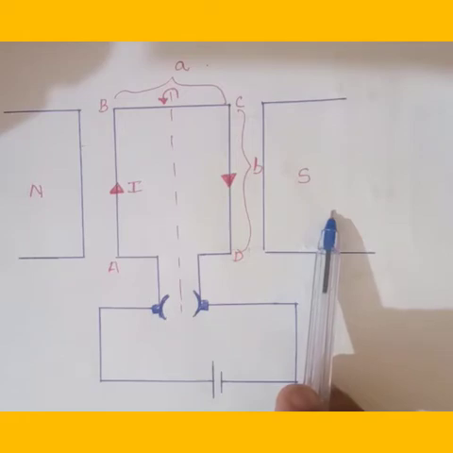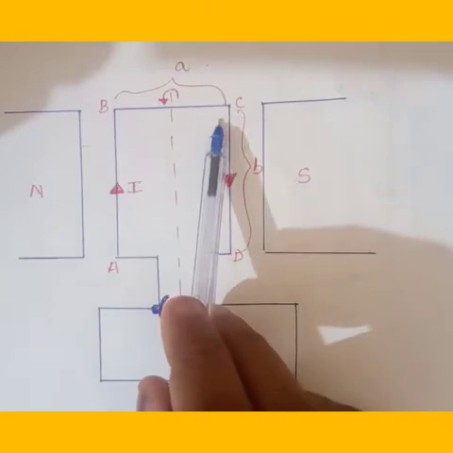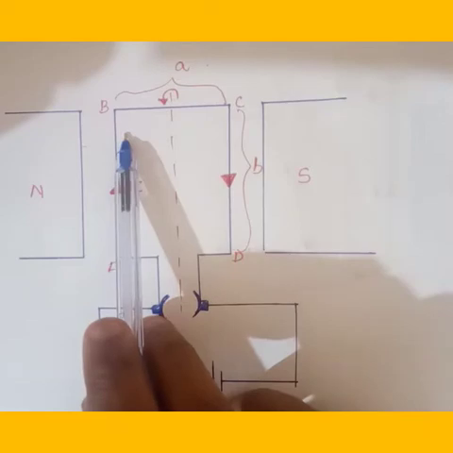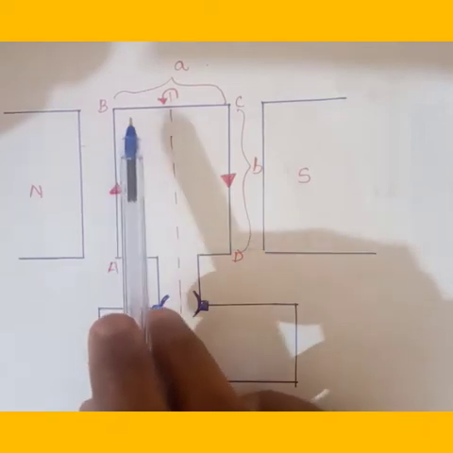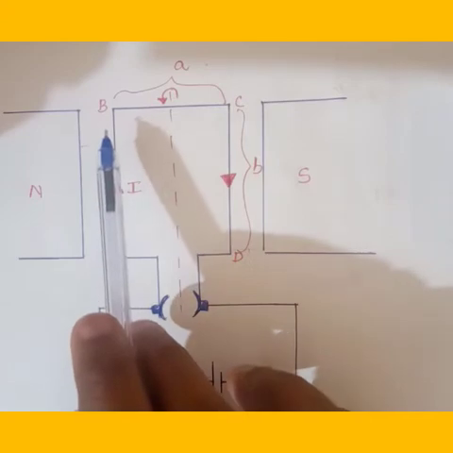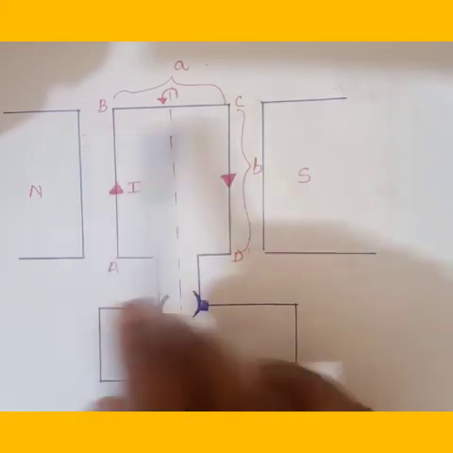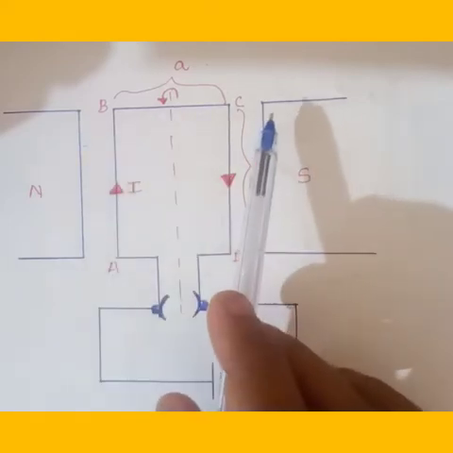First we consider the simple case when the rectangular coil is placed such that the uniform magnetic field B is in the plane of the loop.